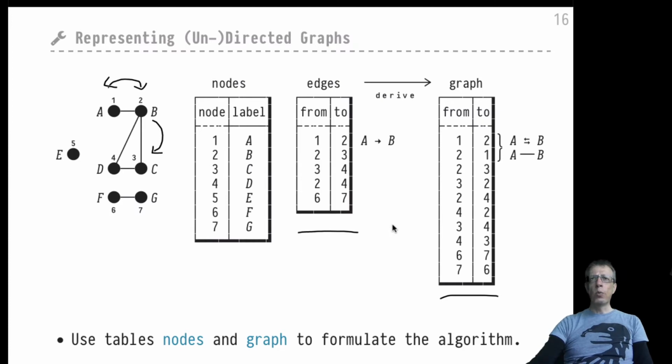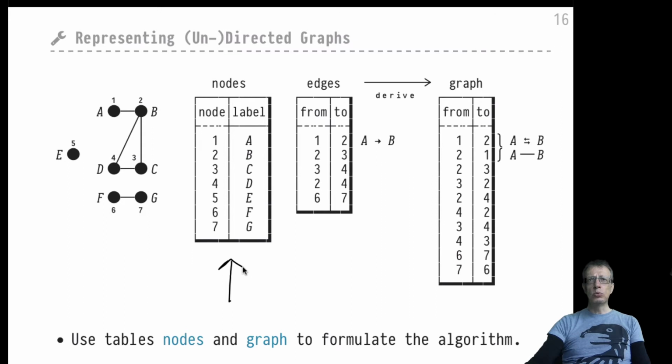And when we will look at the algorithms that we use to compute the connected components, we will look at this particular table to retrieve the node labels, and at this particular table to learn about the incidence of edges to nodes or the adjacency of nodes. Right. Okay, so much for the graph representation. I think that's rather straightforward. Nothing much to see here. Obviously, a tabular-based database system can represent graphs just fine.